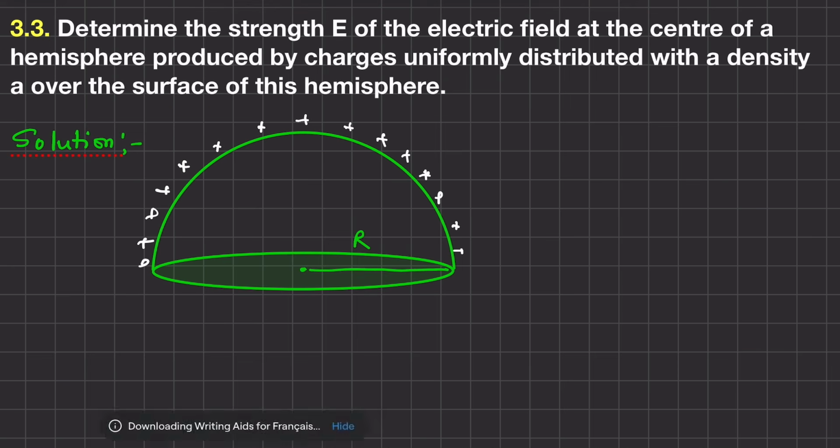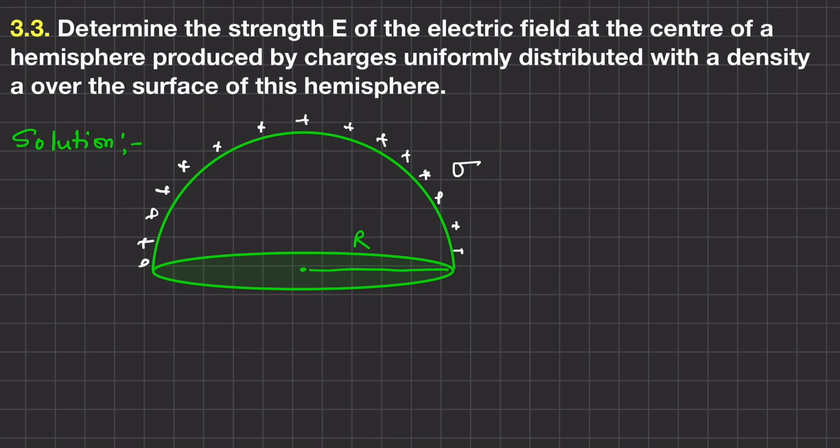Let's assume this sigma as your charge density. And the question says to calculate the electric field at the center due to this hemispherical charged shell. Okay, at the center of this hemispherical shell.